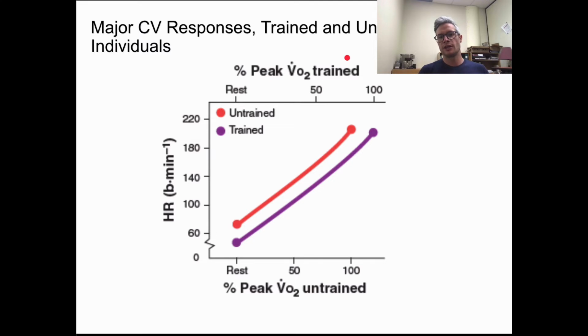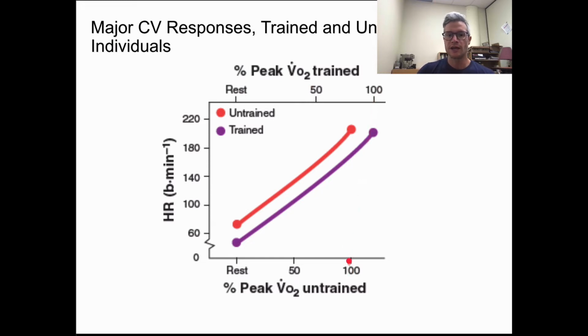Similarly, we can think of VO2 as a work rate. So as our VO2 or consumption of oxygen increases, that can be an illustration of how much work output an individual is doing. Okay, so a couple of different ways to view a similar concept. So when we're looking at these percentages, again, we have our zero or our rest here between our untrained and our trained individuals for their peak volume of oxygen consumption.